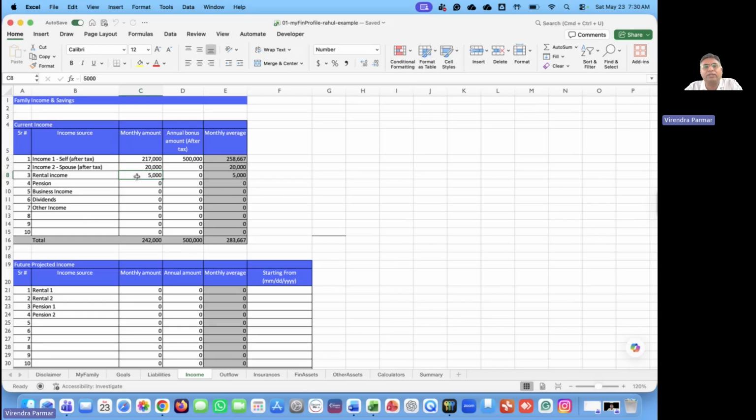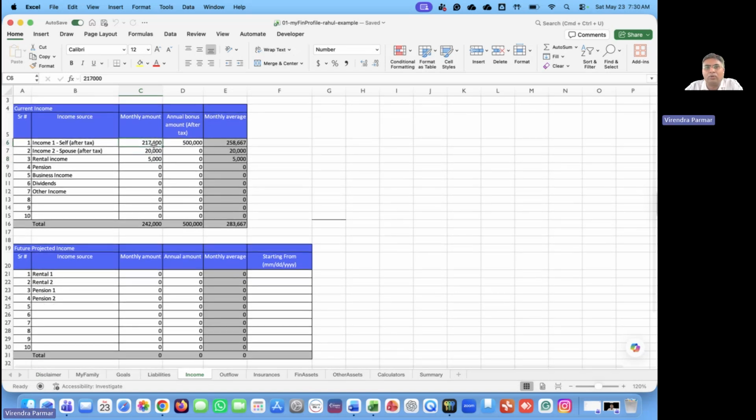And he has a house in his hometown where he is getting 5,000 rupees of rent. Note here, this salary is not gross income. It is the take-home salary after all deductions, because that's the money he gets into his account. We'll also capture the savings which are getting deducted later. So I'll show you that. But for now, it is only take-home salary.